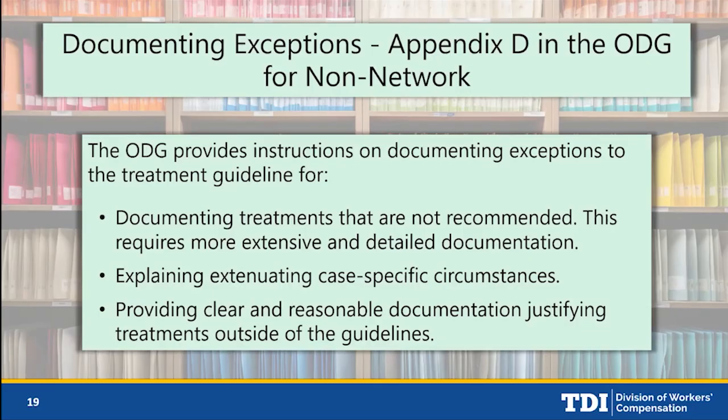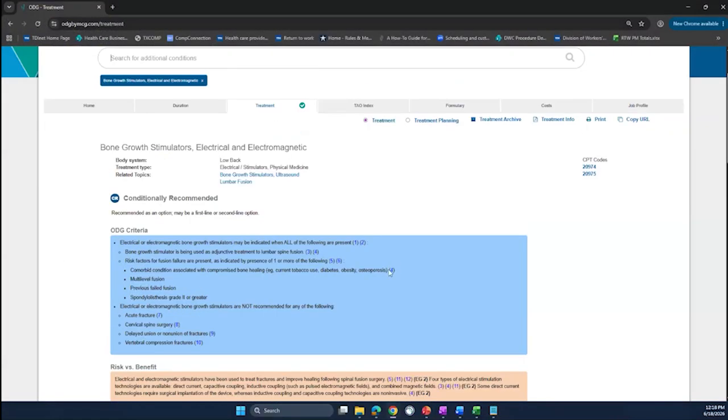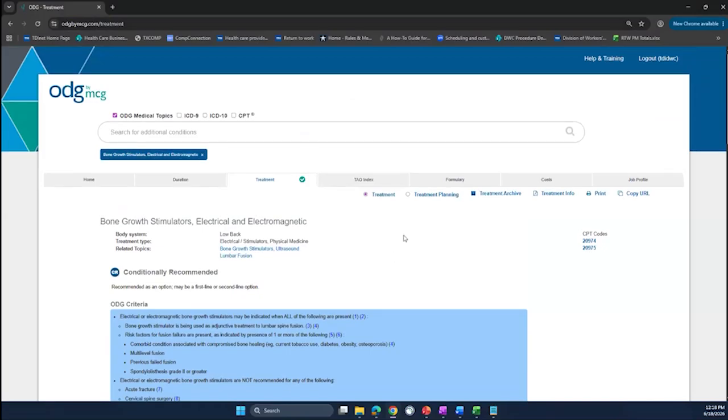So that's going to save you so much time. To get to where the Appendix D is, documenting exceptions, you could go up here to help and training.